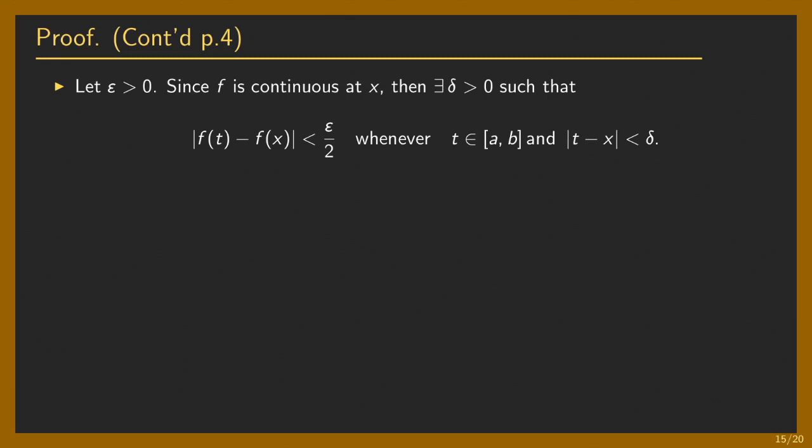Because of the continuity of f at x, we can find a delta greater than 0 so that yung f of t, i-ensure mo na ang distance niya from f of x is less than epsilon over 2 as long as pipiliin mo si t in the domain so that it is of distance less than delta from x. Sa Tagalog, you can ensure that f of t is near f of x as long as you will choose t in the domain near from x. Okay, that's what you mean by the continuity at x.